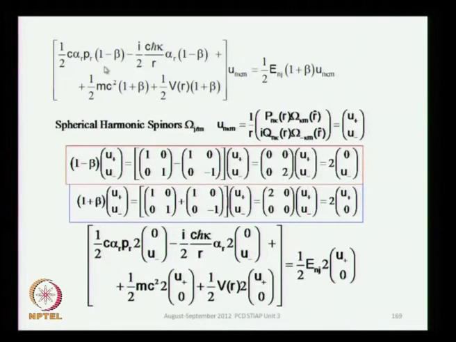Now, in place of 1 minus beta u in these terms, and 1 plus beta u in the fourth term, you get 2 times 0 u minus, 2 times 0 u minus, 2 times u plus 0. Those are the terms that you get.